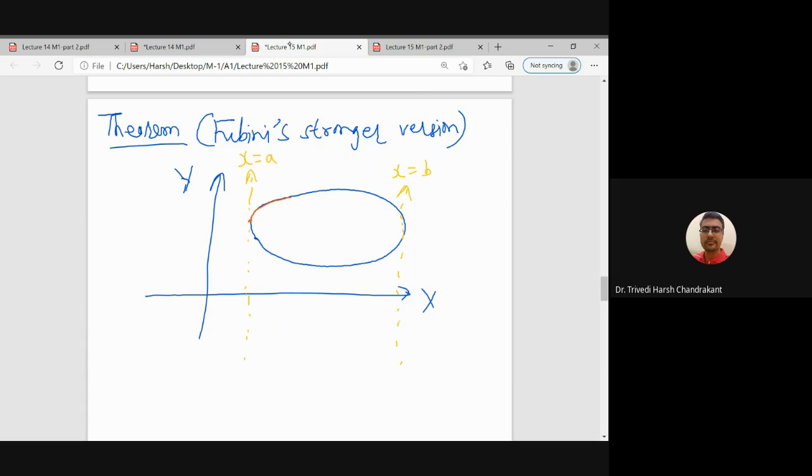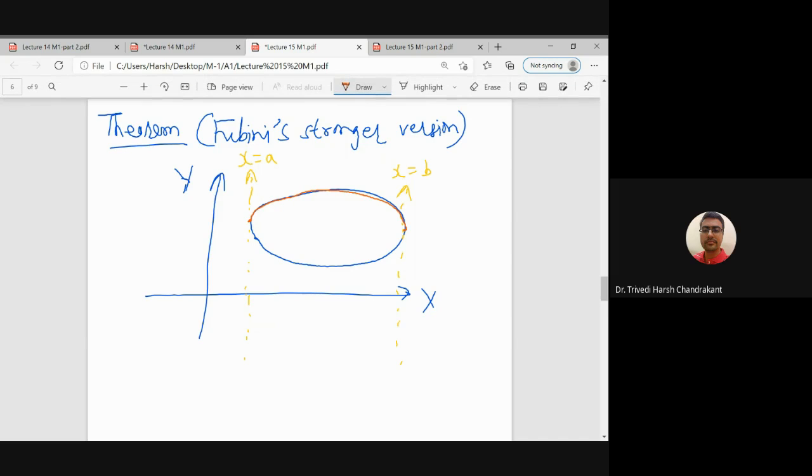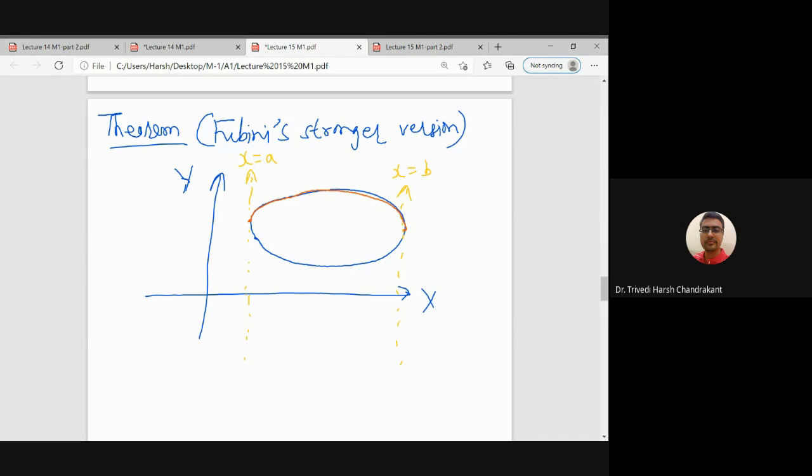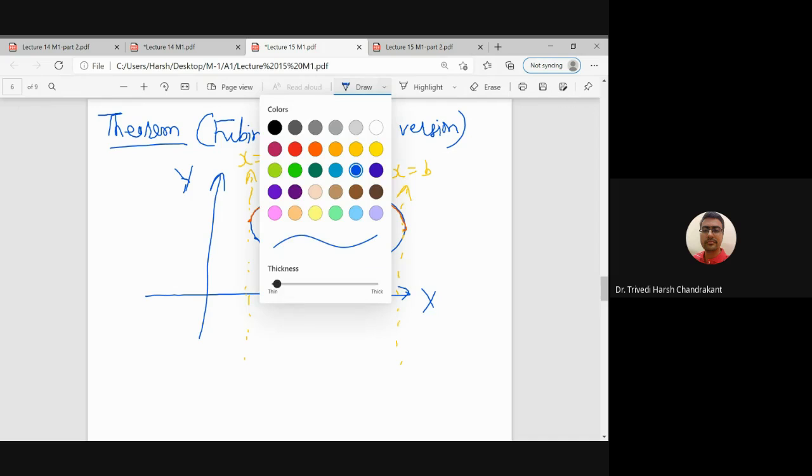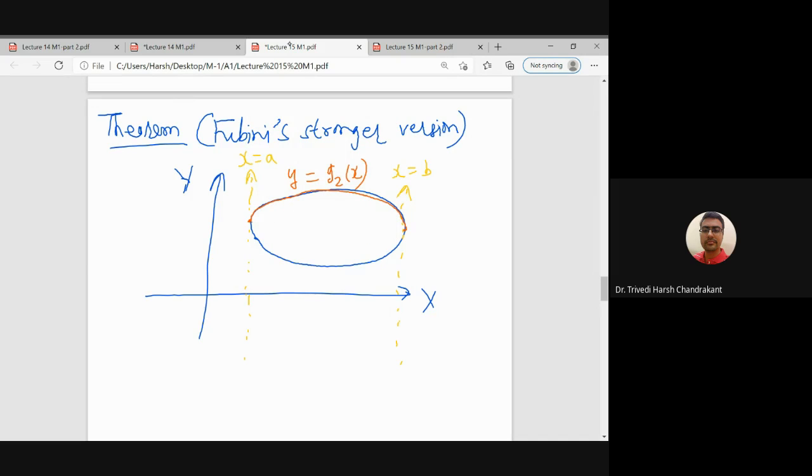So first, we will get this curve, between the line x = a and x = b. This curve we can say is y = g2(x), y as a function of x. On the other hand, the curve below, from a to b, we will denote by y = g1(x).